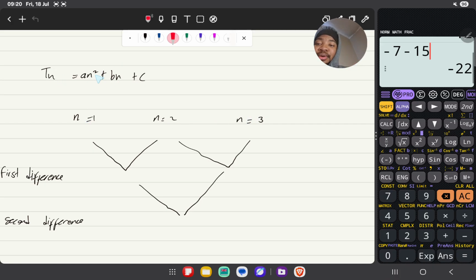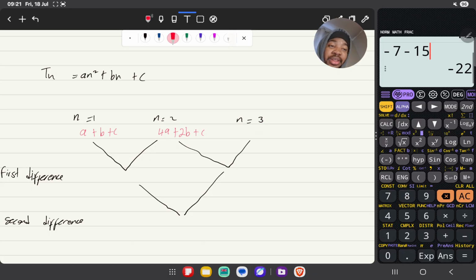The first one, we're going to have a plus b plus c. That's the first one. Cool. And then the second one, 2 squared is 4, so 4a plus 2b plus c.